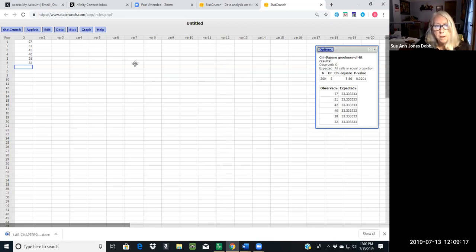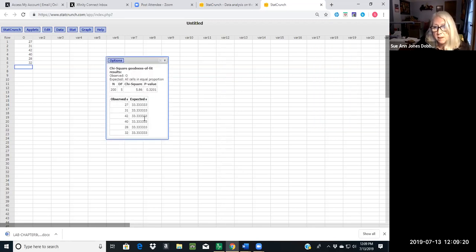Okay. All right. So you can see that they've already listed for us that 33.333, et cetera, is going to be the expected value. This thing here, the chi-square, is the test statistic. And then this is the p-value. Now, this is the reason, honestly, that I wanted to also show you how to do it on StatCrunch. Because if you go with StatCrunch from the get-go, you do not actually have to know the critical value, all right? Because you can do this with a p-value test.